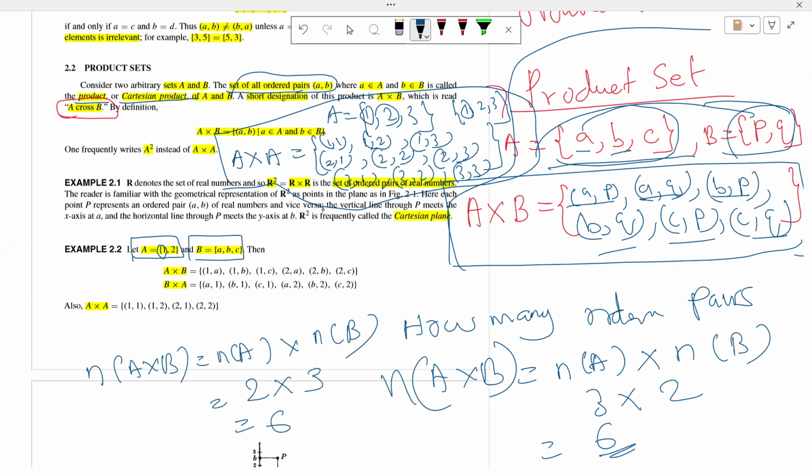If I take 1 here, 1A, 1B, 1C. If I take 2 here, 2A, 2B, 2C.